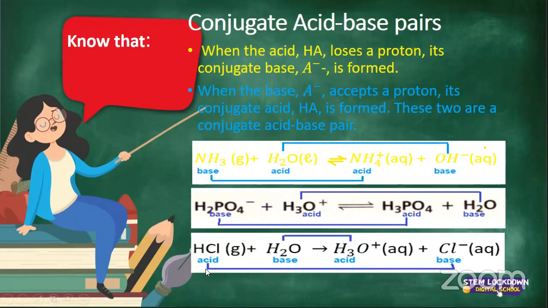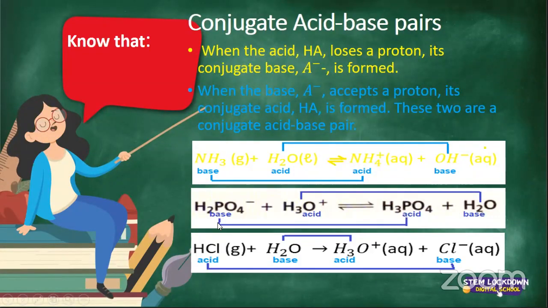Right, let's look at the following one here. You have this one, which is acting as a base. And the hydronium ion is acting as an acid. Why is it said to be an acid? Because it is donating a proton to form a base. So here water is a base.